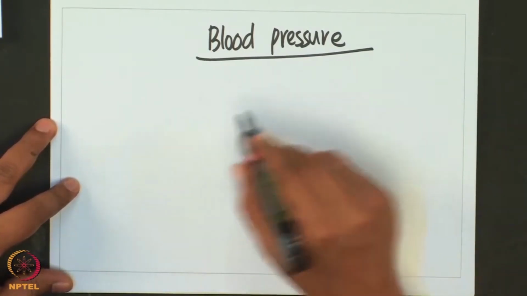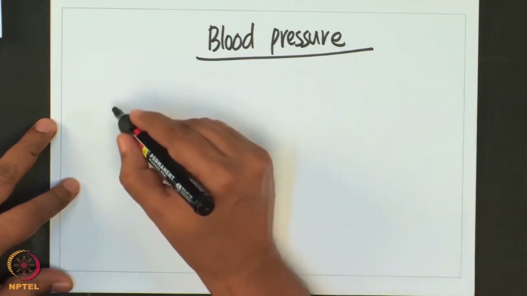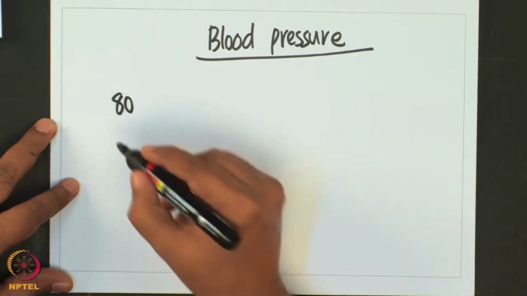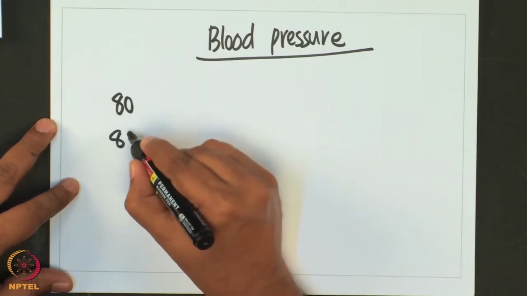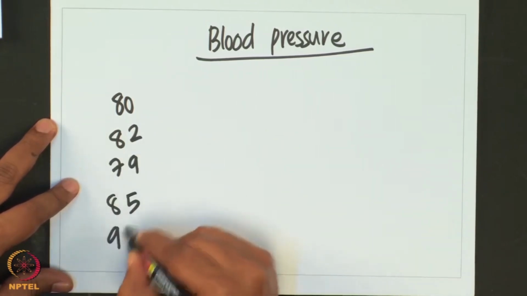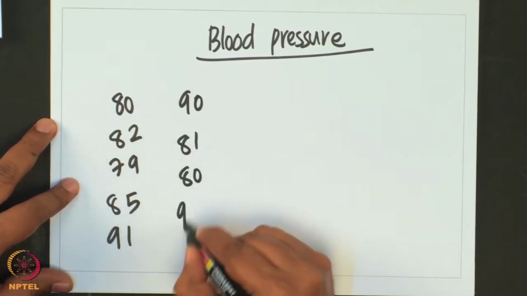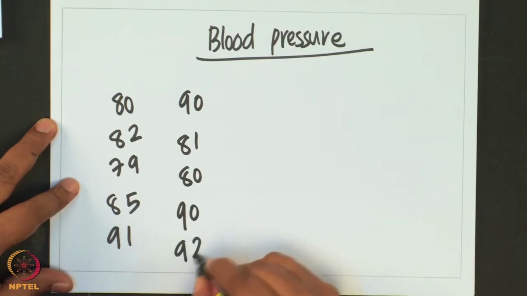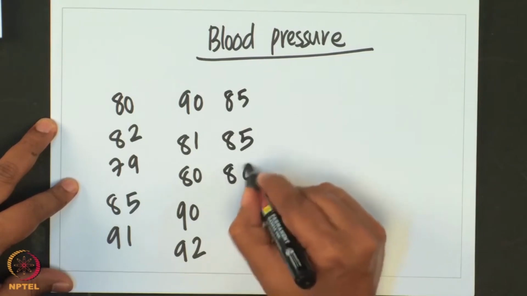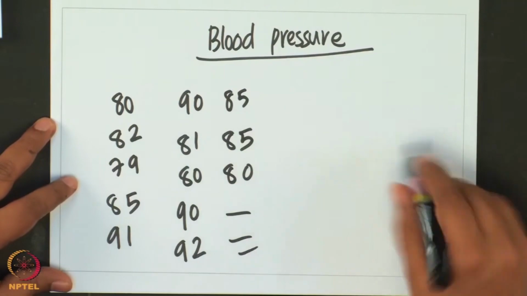If you take a population and look at the blood pressure of the population, and write only the smaller number, which is around 80, you would get numbers like 82, 79, 85, 91, 90, 81, 80, 90, 92, 85, 85, 80. All these different numbers you would get. This is one example.